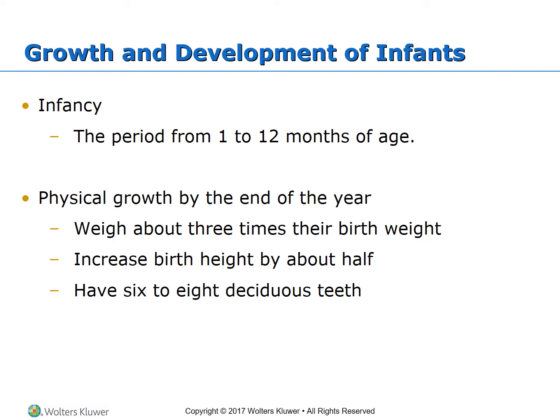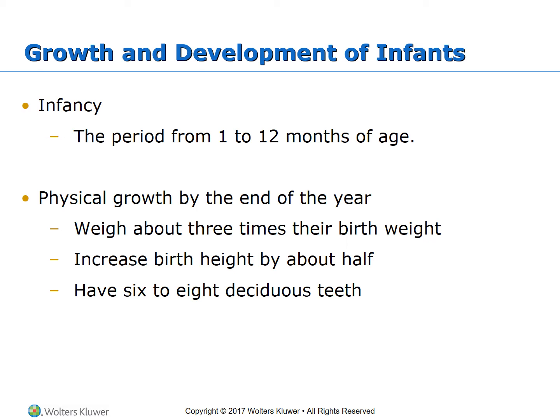They grow about 10 to 12 inches in that first year. And they have 6 to 8 deciduous teeth. Their fontanelles or soft spots, their posterior closes by the end of the second or third month. Their anterior usually closes between the ages of 12 to 18 months.